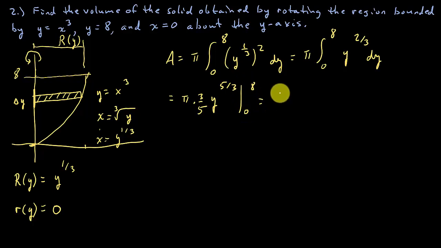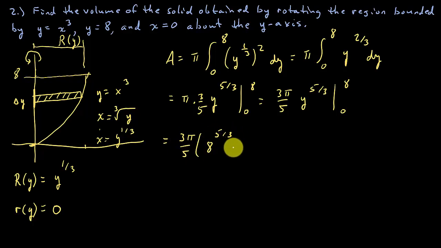And so this is going to be 3 pi over 5 times y to the 5/3 from 0 to 8. And so let's plug this in. That's 3 pi over 5 times 8 to the 5/3 minus 0 to the 5/3. And this is going to be 96 pi over 5.